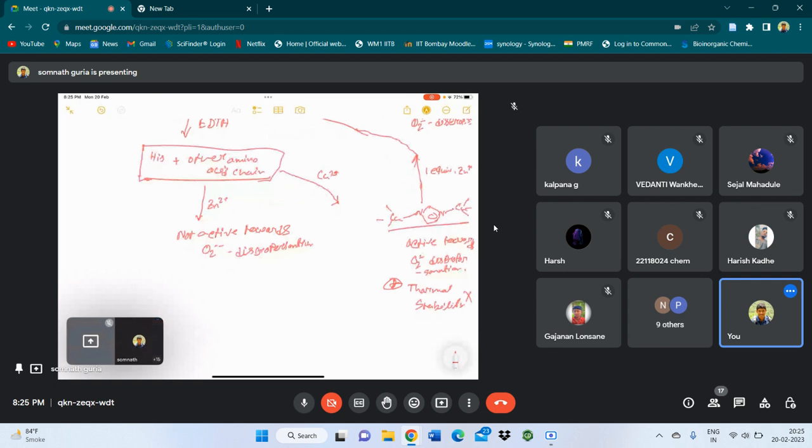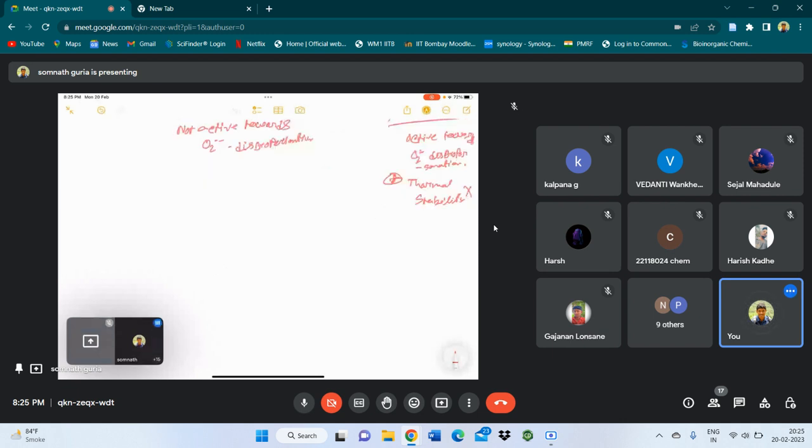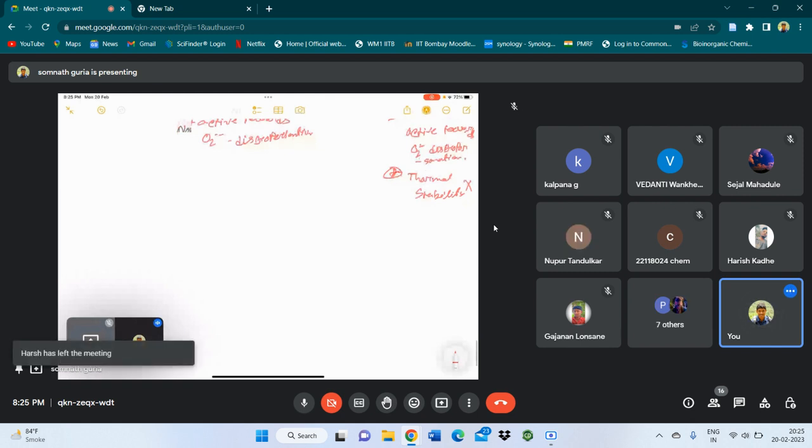Now the problem is that this superoxide dismutase forms O2 and H2O2.